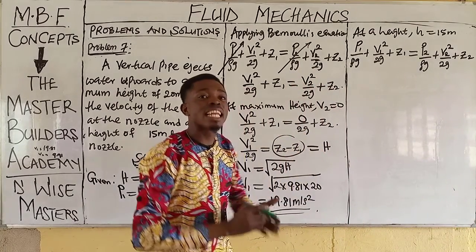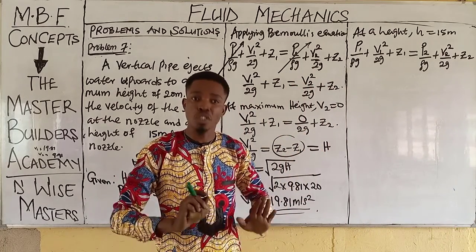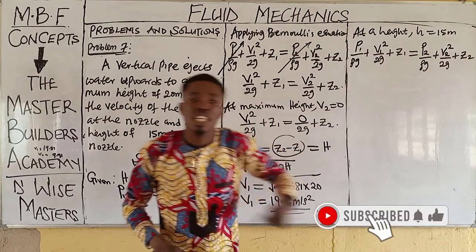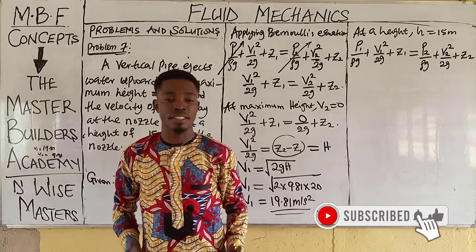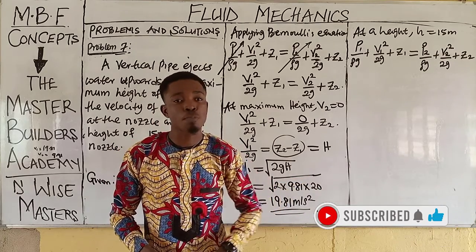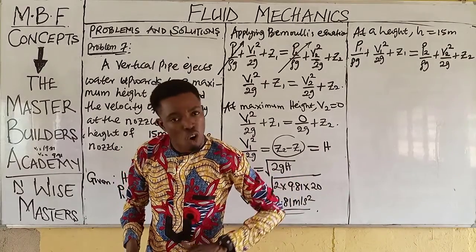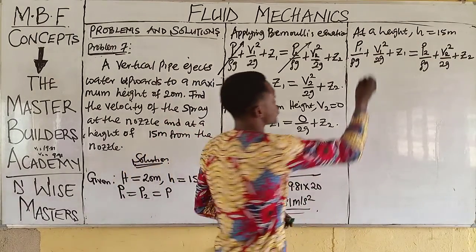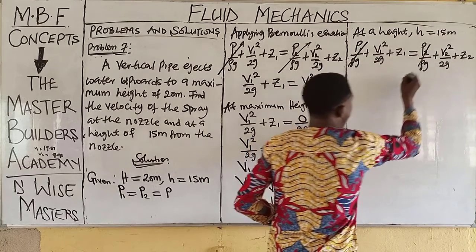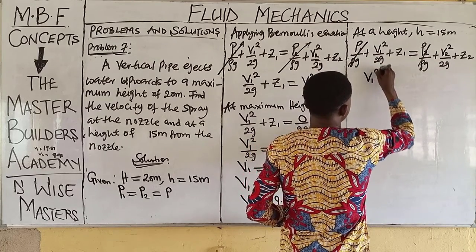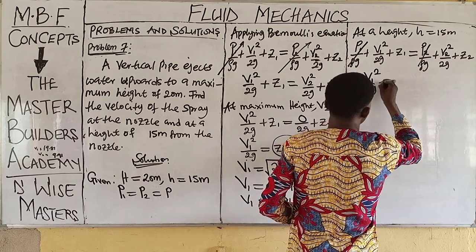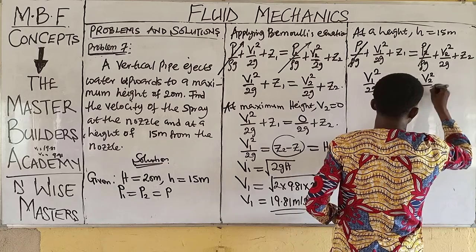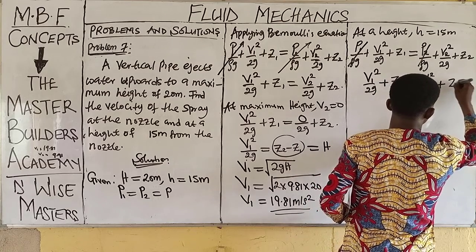So we are still dealing with the same system, a nozzle system. For a nozzle, pressure at the entry is always equal to pressure at the exit. So the entry pressure and the exit pressure are the same. That means pressure is constant for a nozzle. So if pressure is constant, this term takes care of this term. But we equally have v1 squared over 2g plus z1 is equal to v2 squared over 2g plus z2.